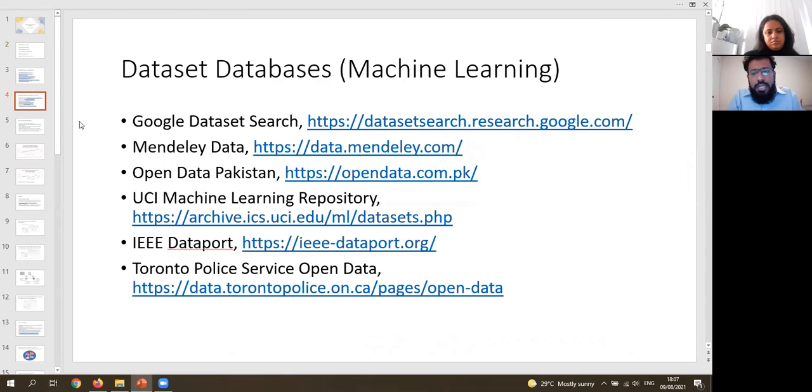So these are two different families of databases where you can look for the data. One is going to help you generate the data you want. The other one is just going to give you the data set in a more raw format. And these are just some representative data sets. Of course, there could be many other sources for these data sets as well.